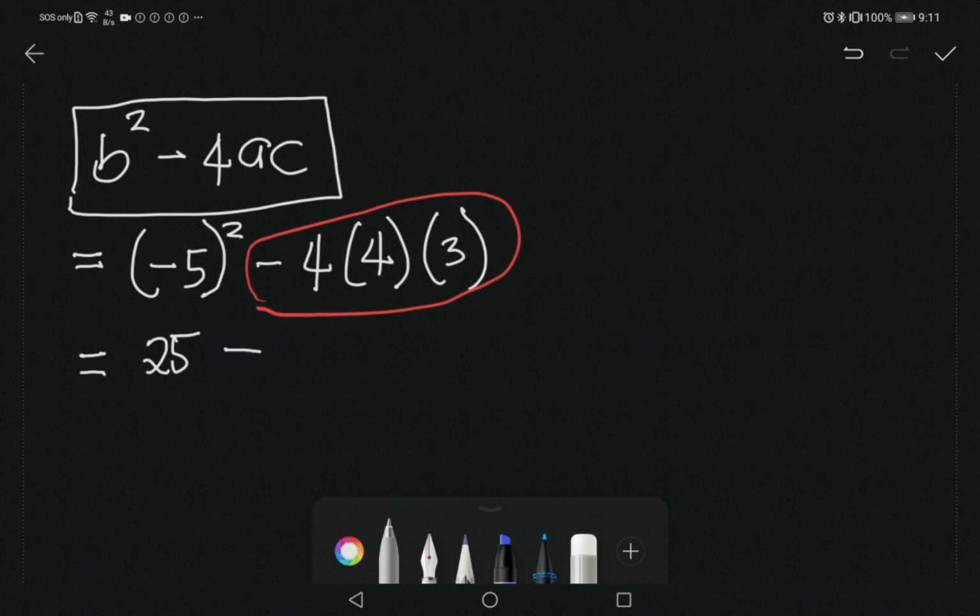I-multiply na nimo ang tulo. 4 times 4, 16 times 3 is 48.